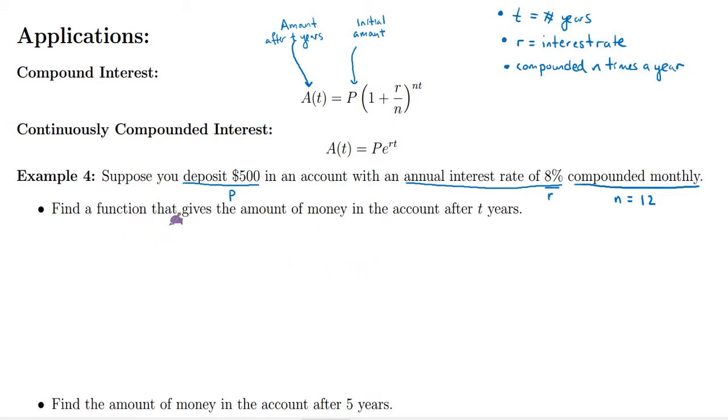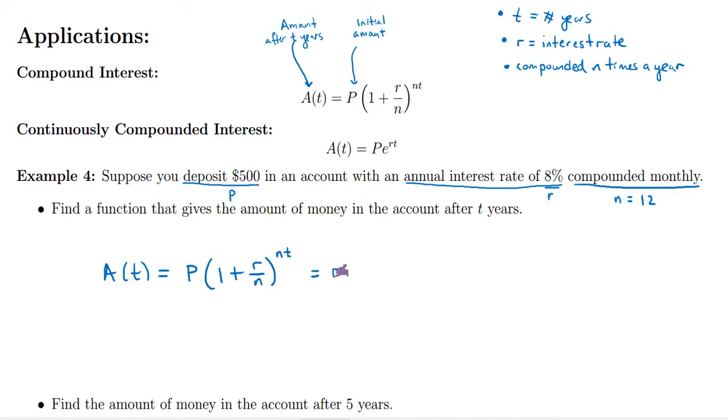So find a function that gives the amount of money in the account after t years. All right, so that's actually just saying to literally write this out, but substituting these things in. So that would be A(t) = P(1 + r/n)^(nt). So let's replace all these things.